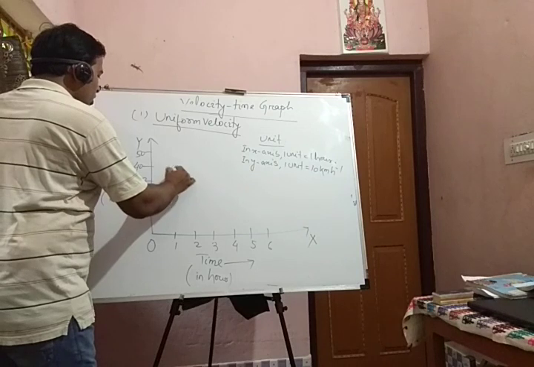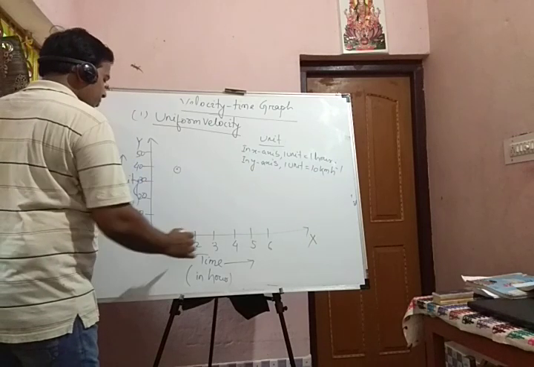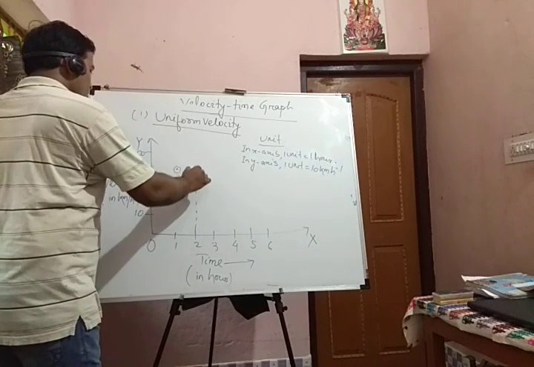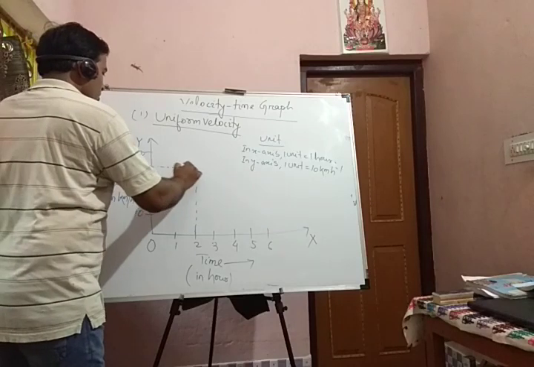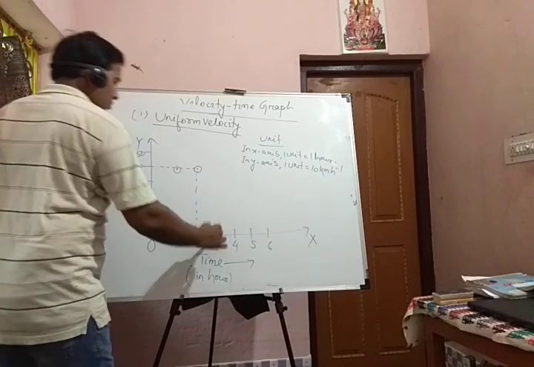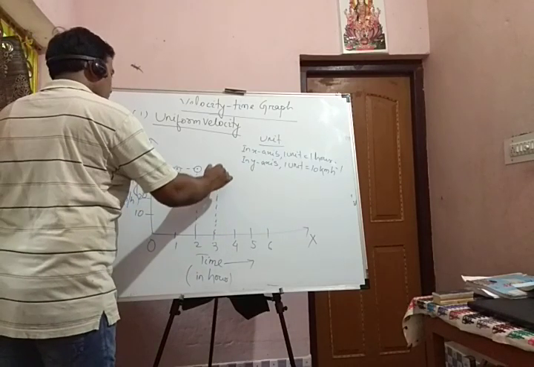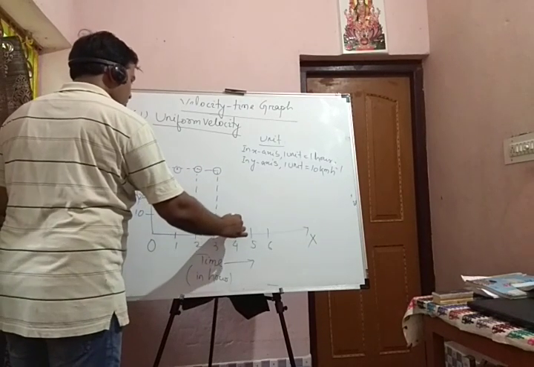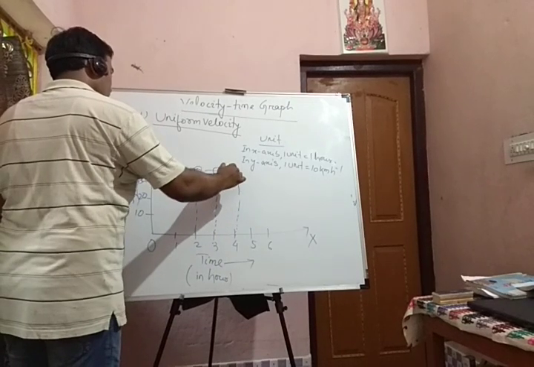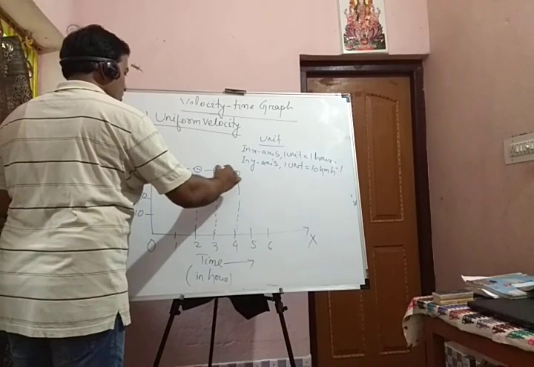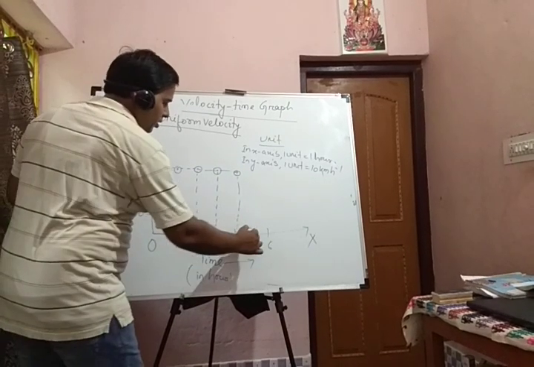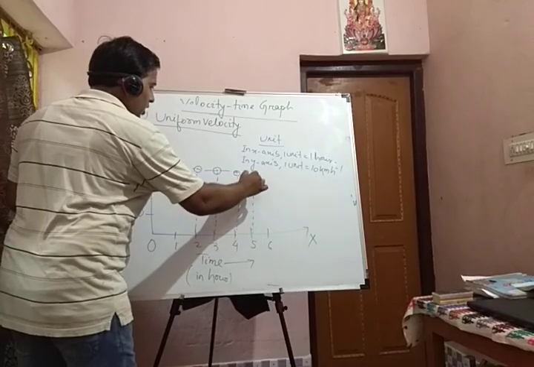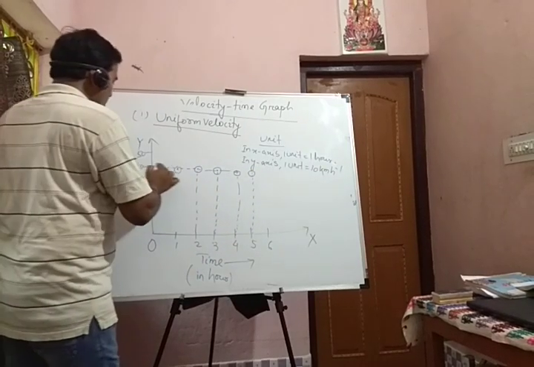So here the graph will look like this. The graph is like this, as it is a uniform velocity.